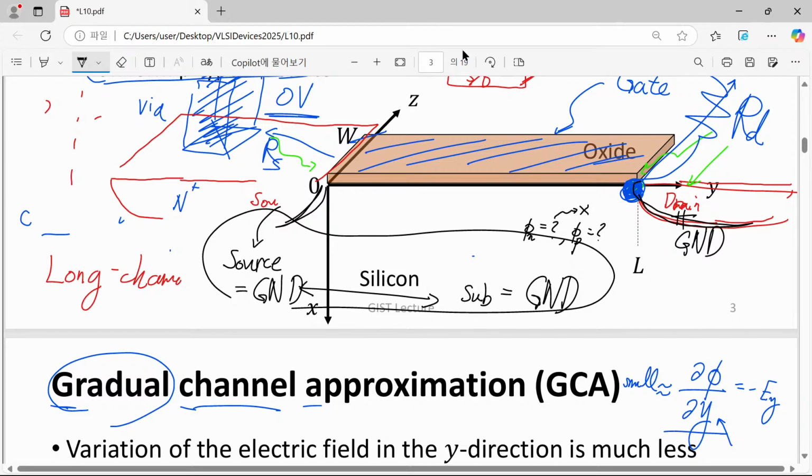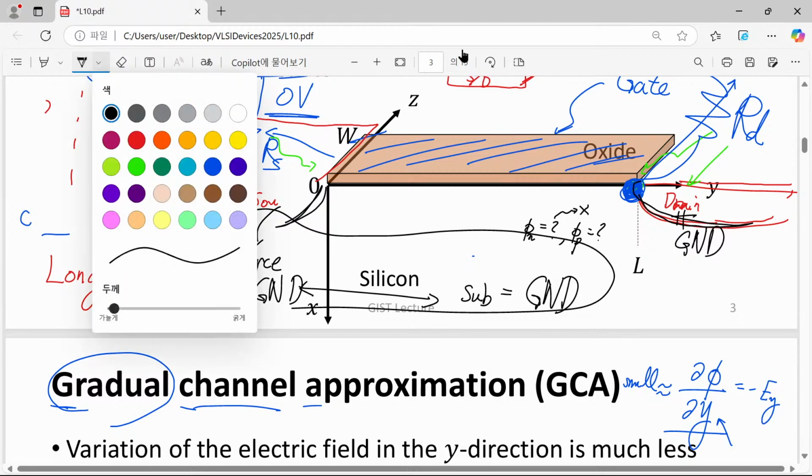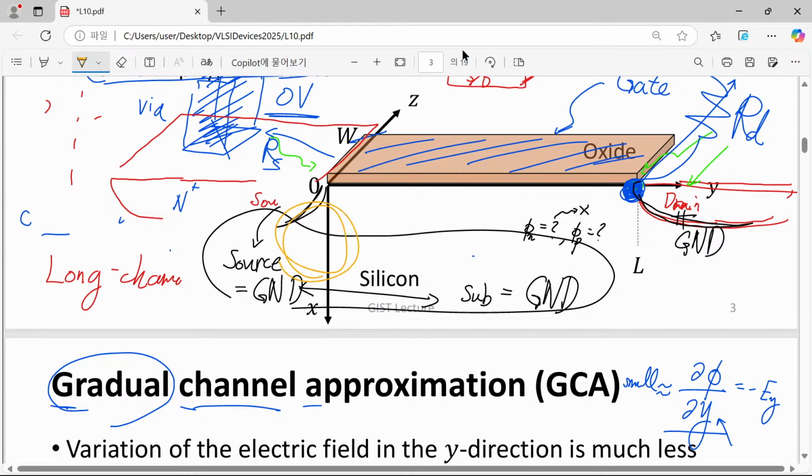They are competing. So what we can expect is that if we approach this region, maybe the quasi-Fermi potentials would be quite close to 0 volt, because these two agree on 0 volt.